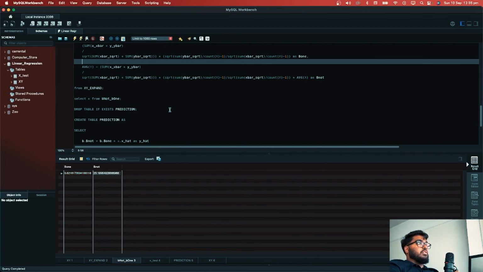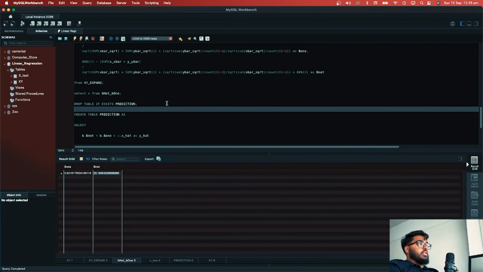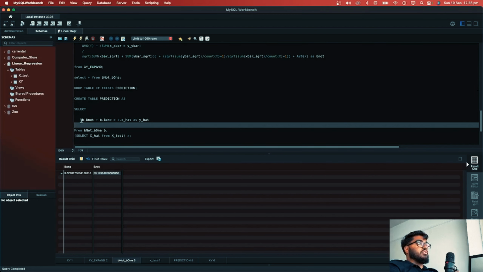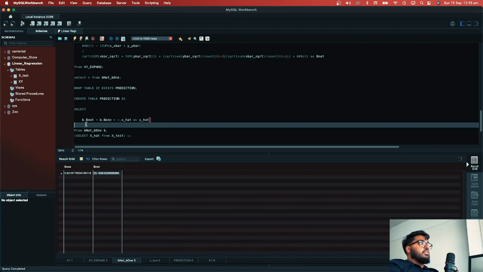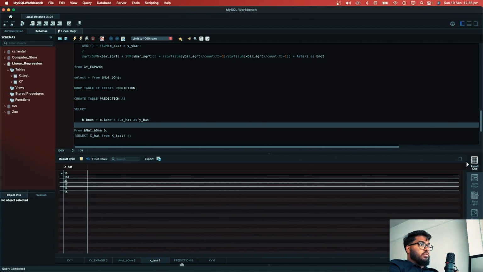After I calculate beta naught and beta 1, it's time to do my predictions. So I just use the linear regression formula, a line formula, y equals ax plus b, or y equals beta naught plus beta 1 times x1, where x1 is my arbitrary value. So there you have it. This is my test values.